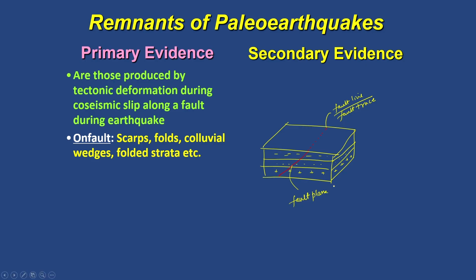Now, suppose we have the sense of movement where this block is moving up, and that usually happens during reverse faulting. So, in the next stage, when there is a displacement, how will you see this?